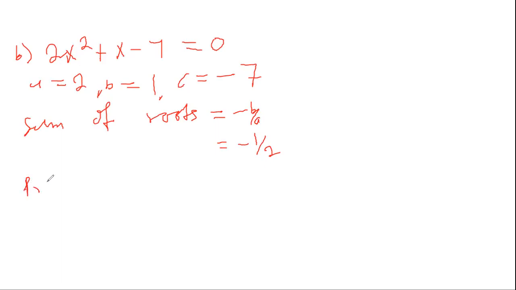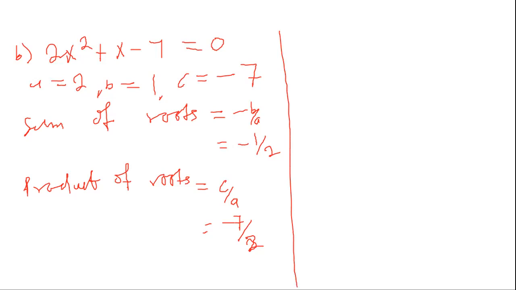Then product of roots is c over a, which is the same as -7 divided by 3. No, divided by 2, sorry.